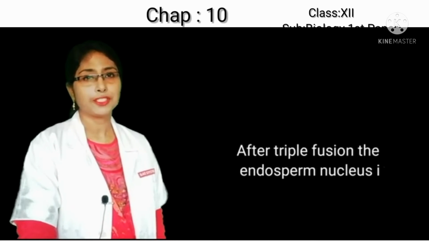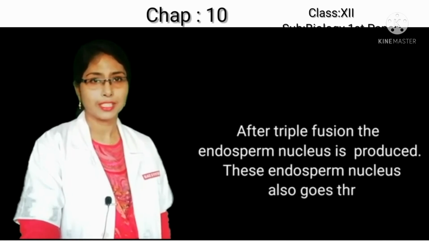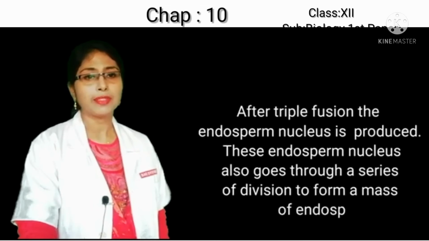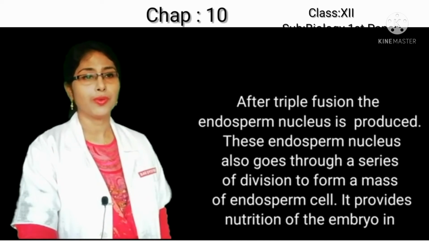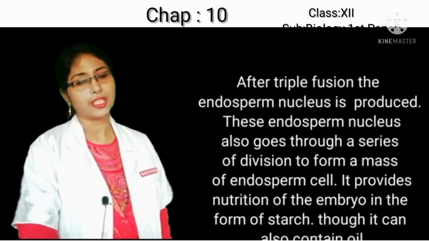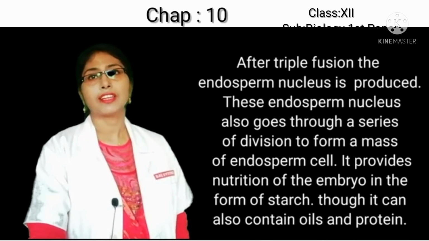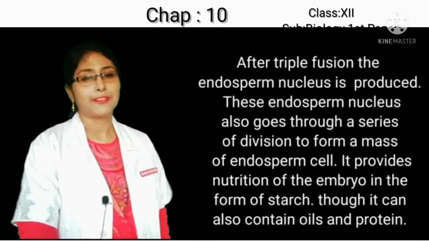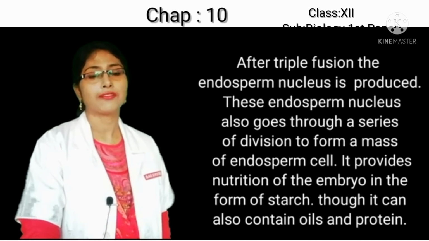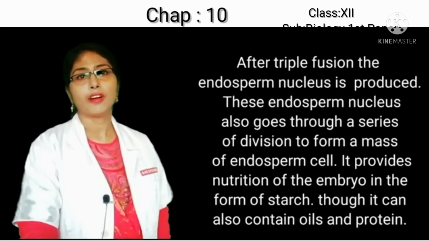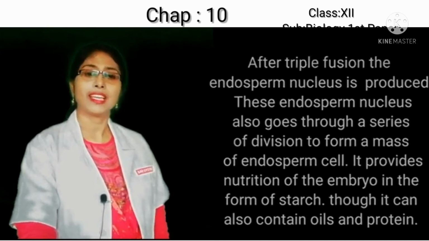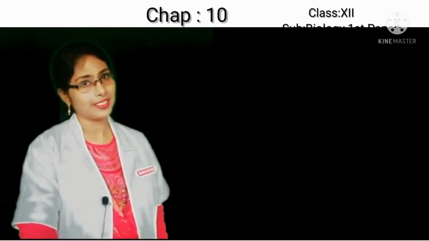After triple fusion, the endosperm nucleus is produced. This endosperm nucleus also goes through a series of divisions to form a mass of endosperm cells. It provides nutrition to the embryo in the form of starch, though it can also contain oils and proteins.